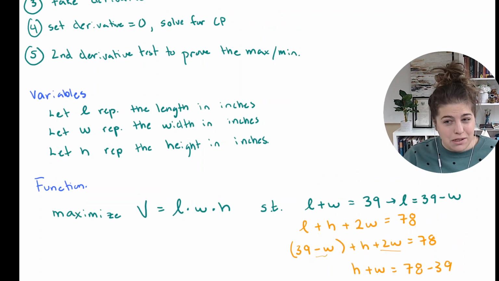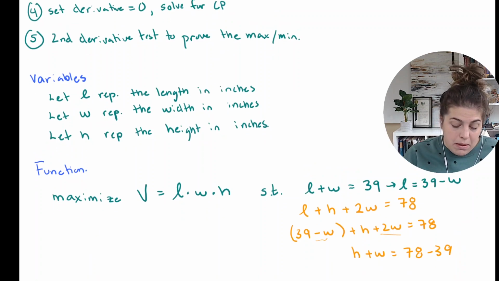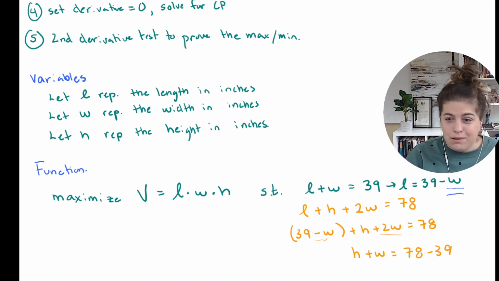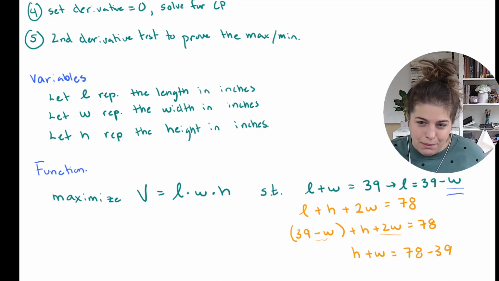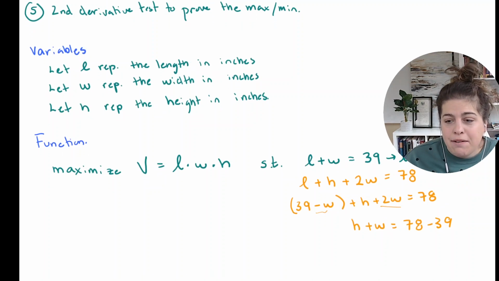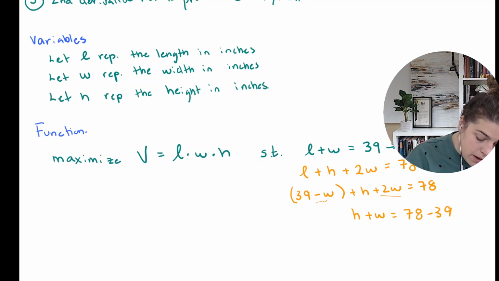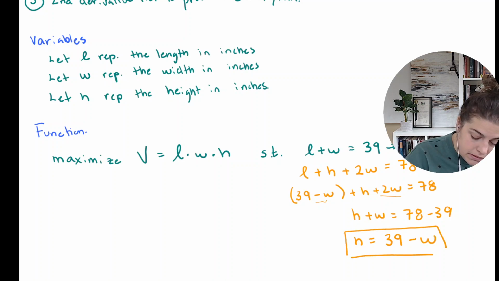It is actually important, okay? Because we solved the L for W. So it didn't matter when I picked L versus W at the first one. But now for the second one, I also want it to be in terms of W. I want to solve for the fact that H is equal to 39 minus W. Okay.